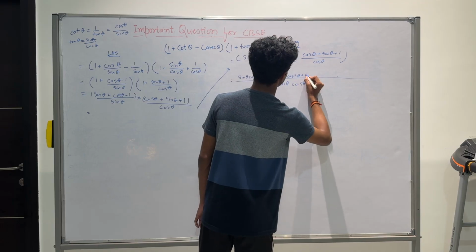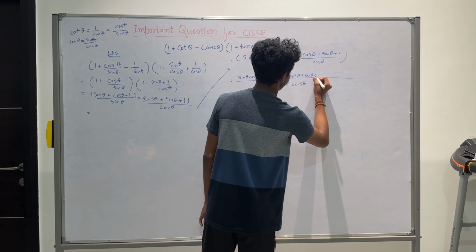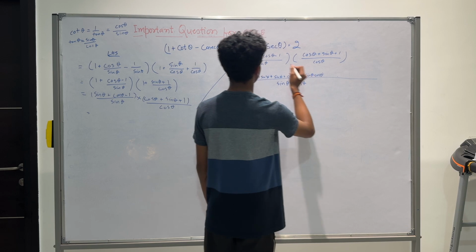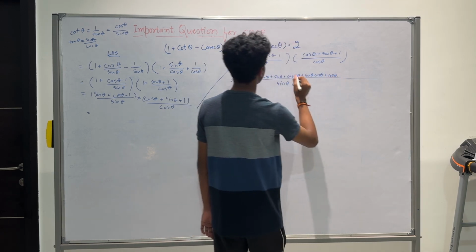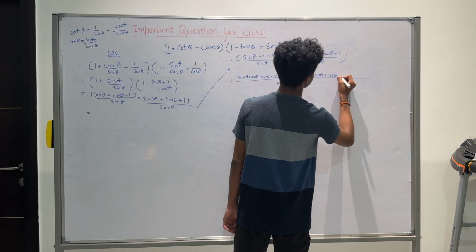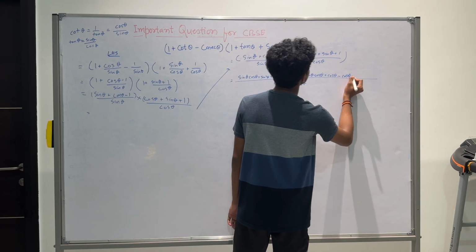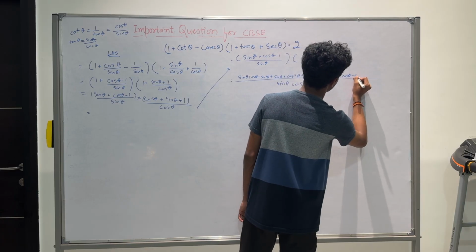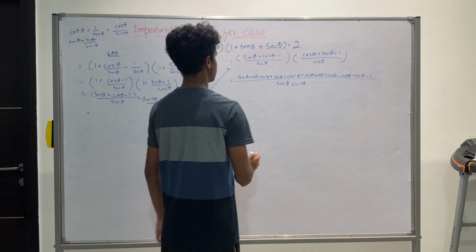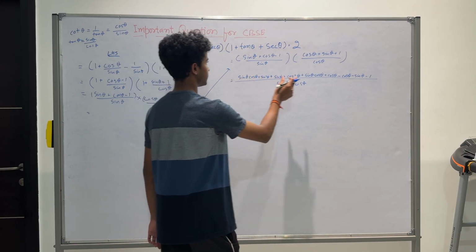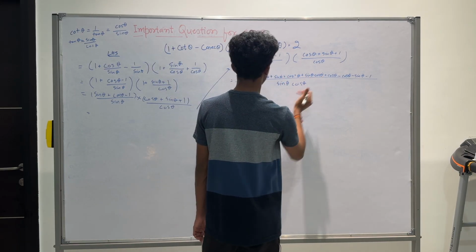This and then plus cos theta. Last one, so minus 1 will be minus cos theta minus sin theta and minus 1. So here we have sin theta cos theta and again sin theta cos theta.